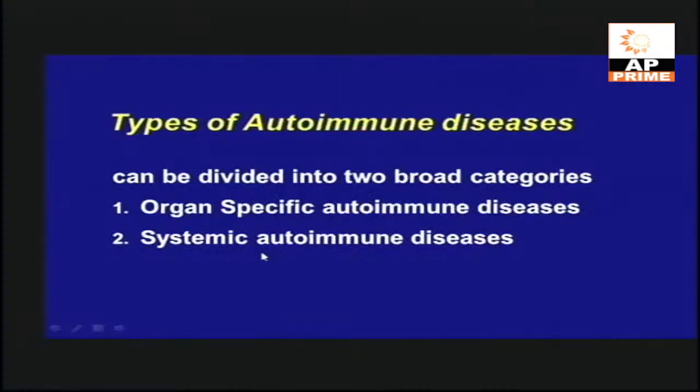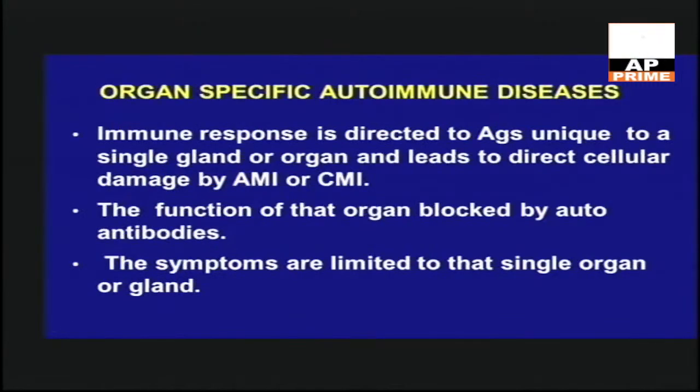So autoimmune diseases can be divided into two types. One is organ specific autoimmune diseases, and the second one is systemic autoimmune diseases. So what are organ specific autoimmune diseases? Here the immune response is directed to specific antigens that are present on particular tissues or organs, through antibody mediated immunity or cell mediated immunity.